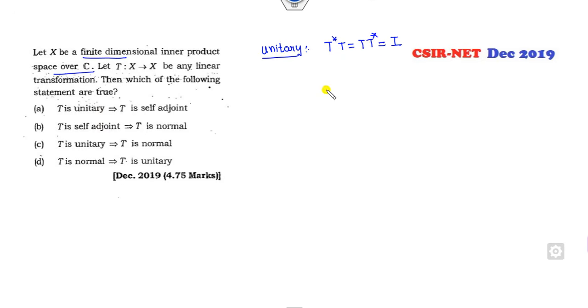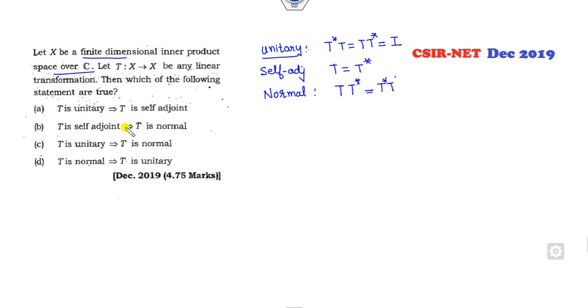In terms of matrix it is 1. Self-adjoint. So self-adjoint means T is my T star, because over the complex C. Unitary is fine, it is normal. What is the meaning of normal? You can say T of T star is equal to T star of T.